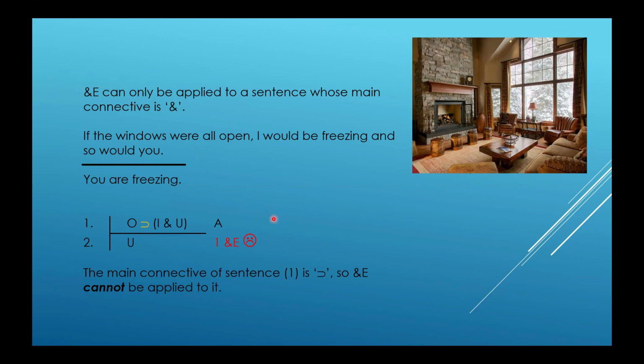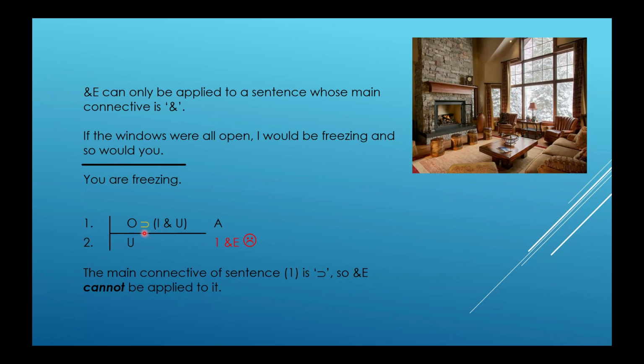When you put that in symbolic form, though, people will get thrown off and forget that the horseshoe here is the main connective of this sentence, which means that you can't apply conjunction rules to this. This conjunction is embedded in a subcomponent of the sentence. So you can't apply conjunction elimination and pull that out and get it down here.